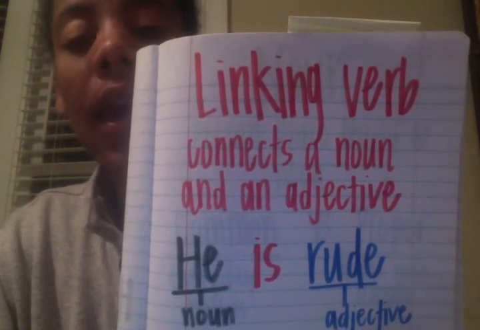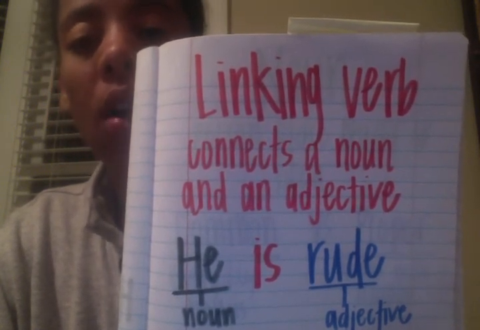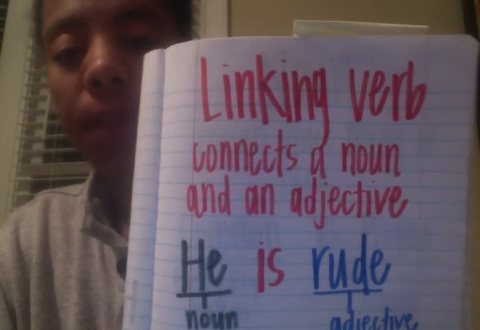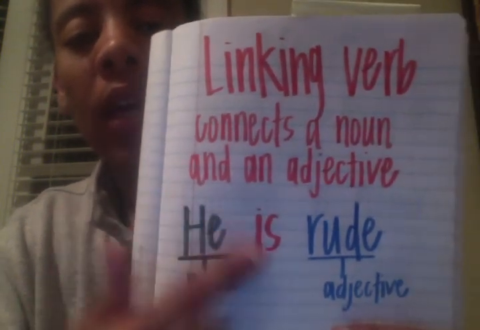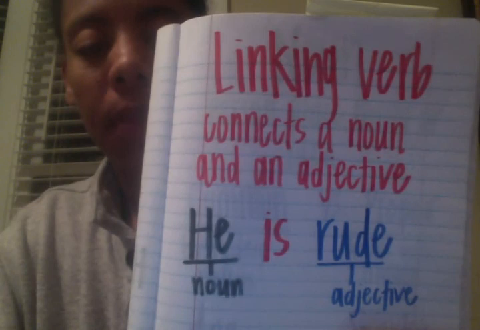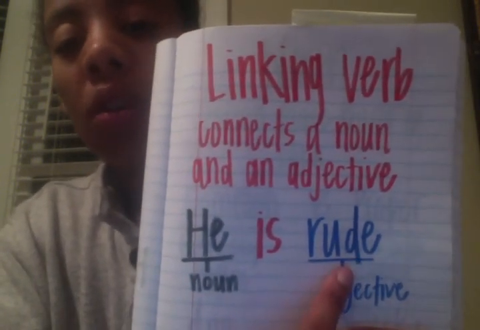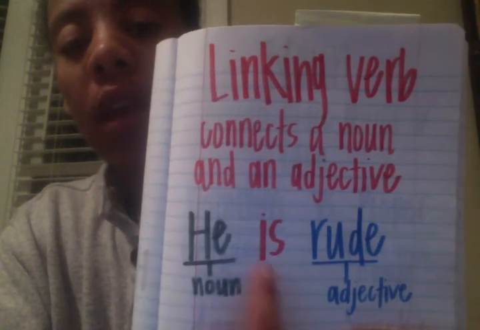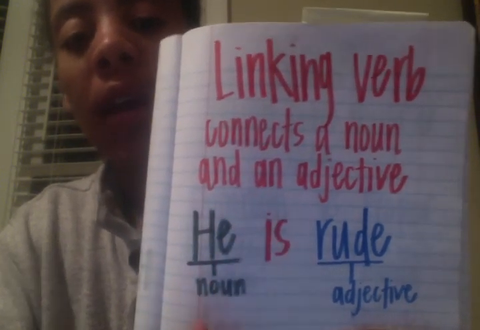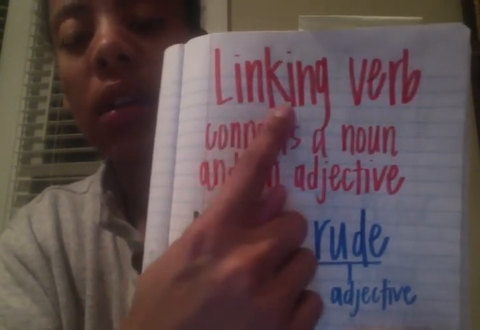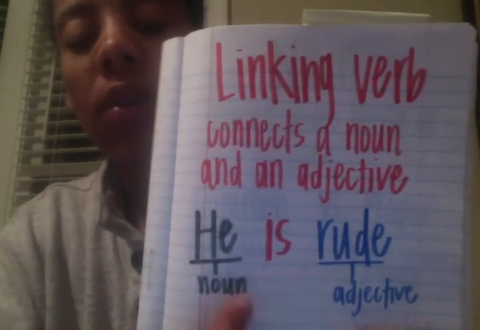So either am, is, are, was, or were. He is rude. The adjective rude describes he. Is connects or links these two parts of speech together.